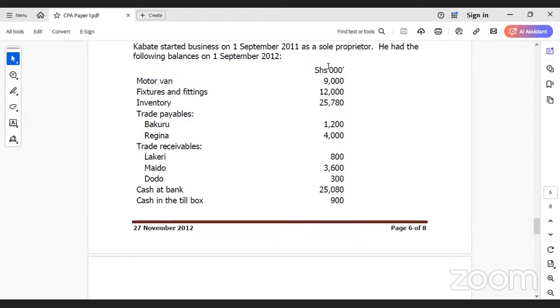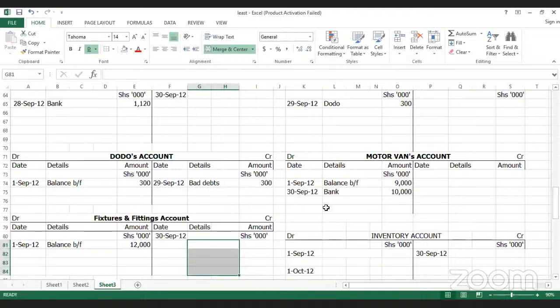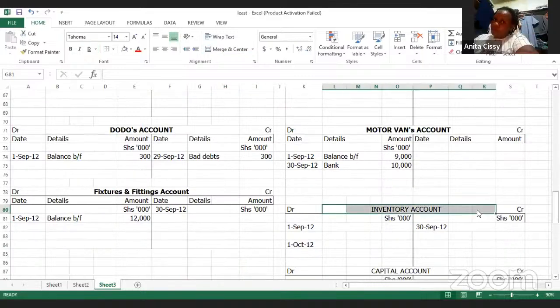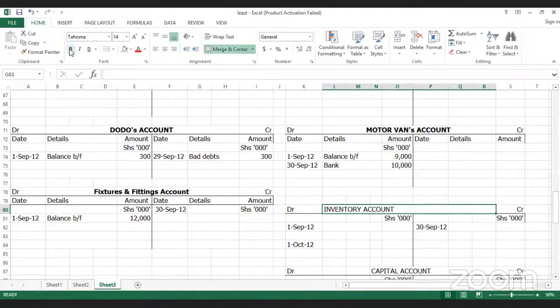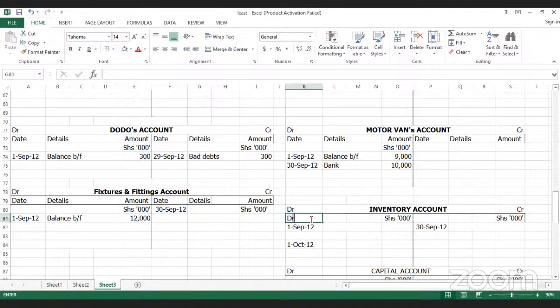Then we enter its opening balance. Let's prepare that inventory account here. This is our inventory account.